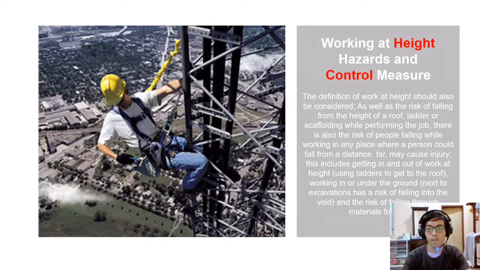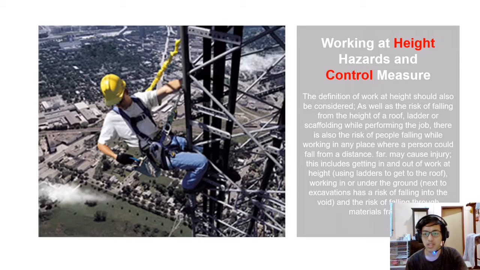Moving to the next slide, working at height hazard and control measures. The definition of work at height should also be considered, as well as the risk of falling from the height of a roof, ladder, or scaffolding while performing the job. There is also the risk of people falling while working in any place where a person could fall a distance far enough to cause injury.